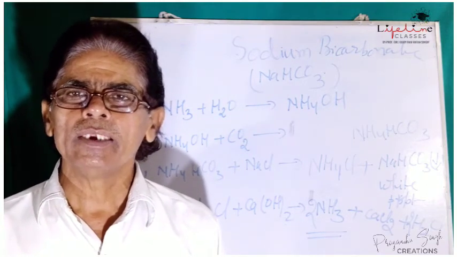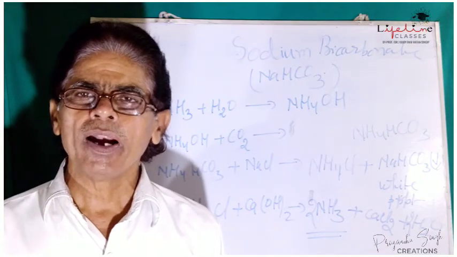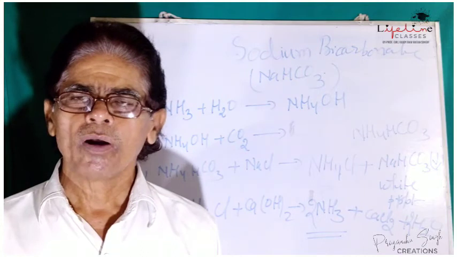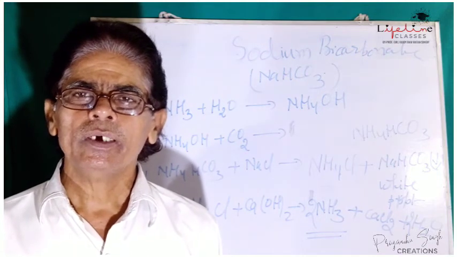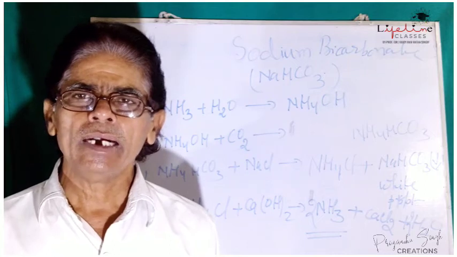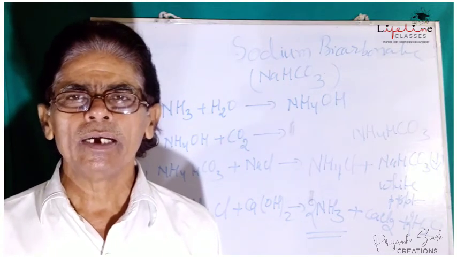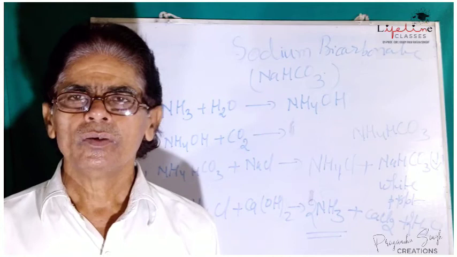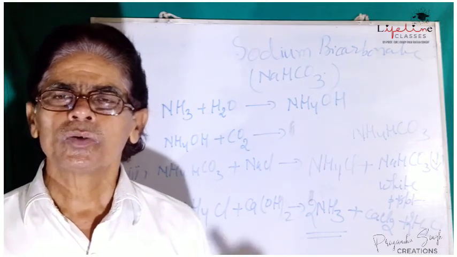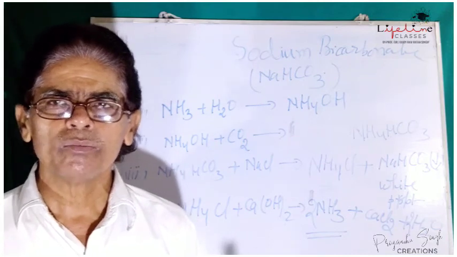After crystallization, we get well defined crystals of sodium carbonate, which have the formula Na2CO3·10H2O, known as hydrated sodium carbonate. So, this is all about the manufacturing process of sodium bicarbonate and sodium carbonate.